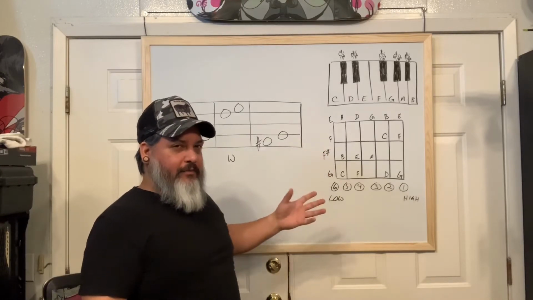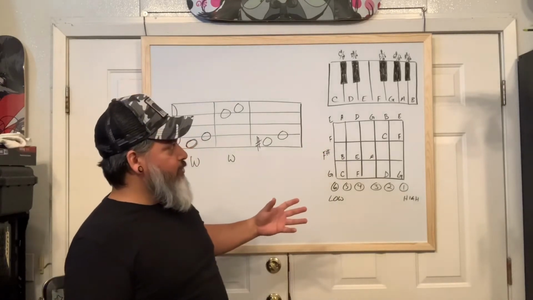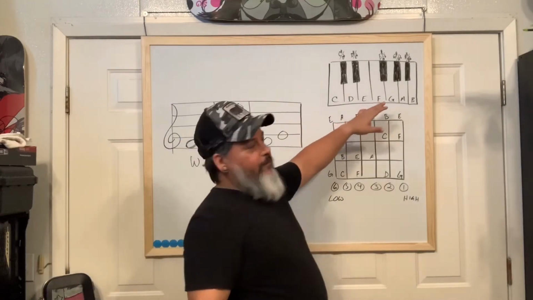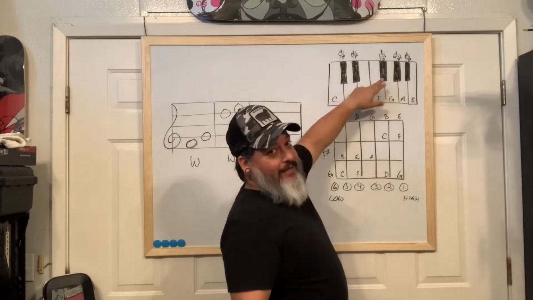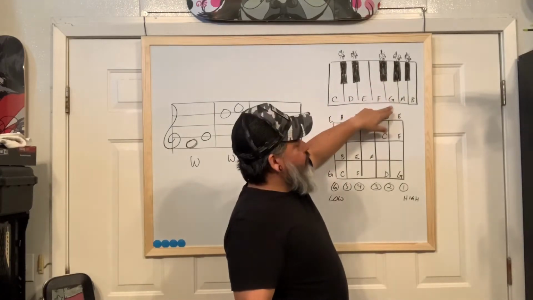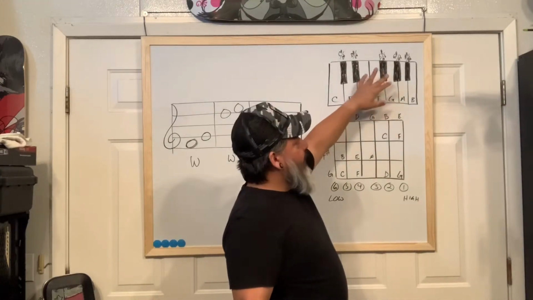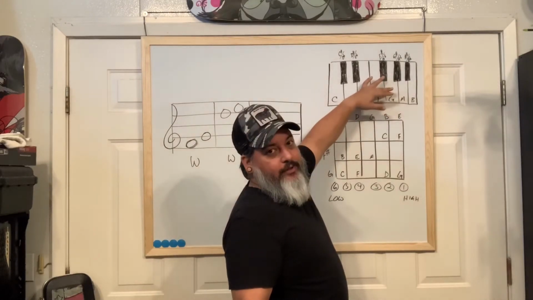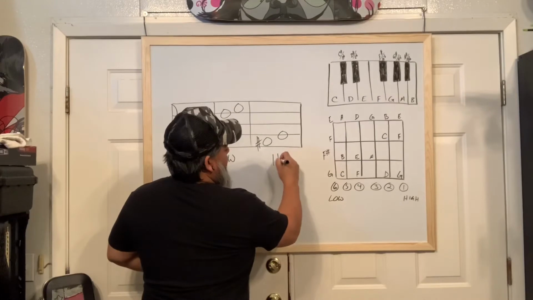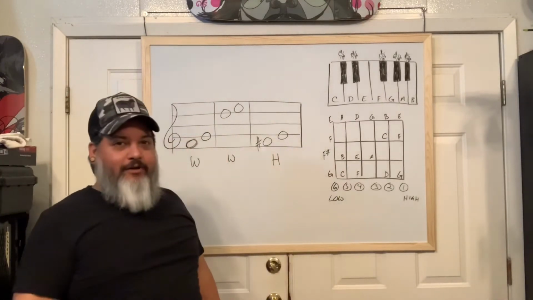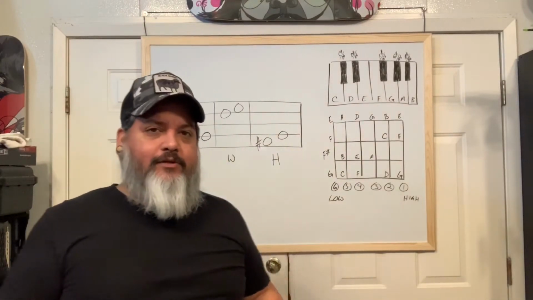So I'm thinking it's a half step, but let's make sure. Let's take a look at our keyboard. We have F sharp, a black key, and it's going to G, which is a white key. Notice how there is no space in between. So it's creating nothing but a half step. So we put an H there. I hope that's making sense.